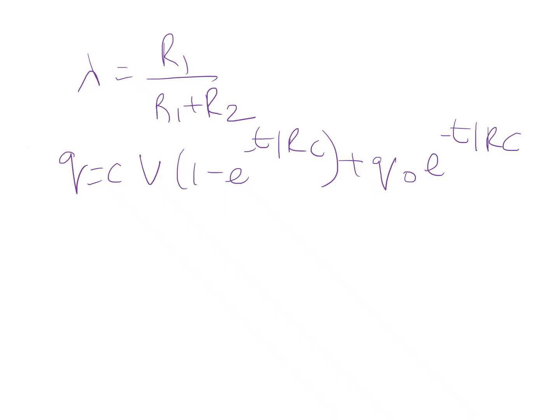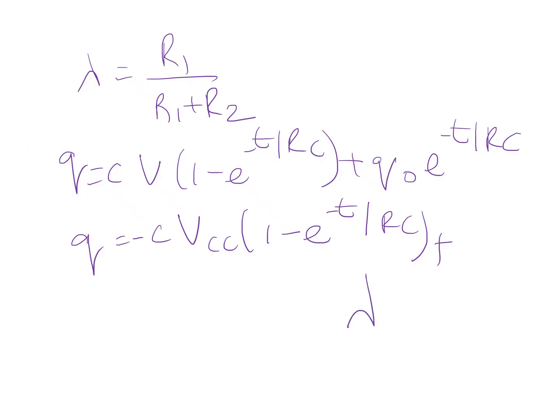So the charging equation is Q is equal to minus C into VCC into 1 minus e to the power of minus t by RC plus lambda into C into VCC into e to the power of minus t by RC.